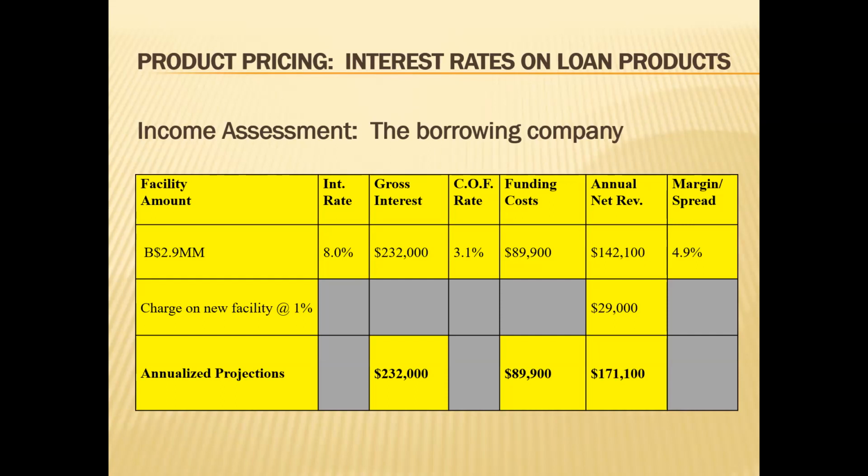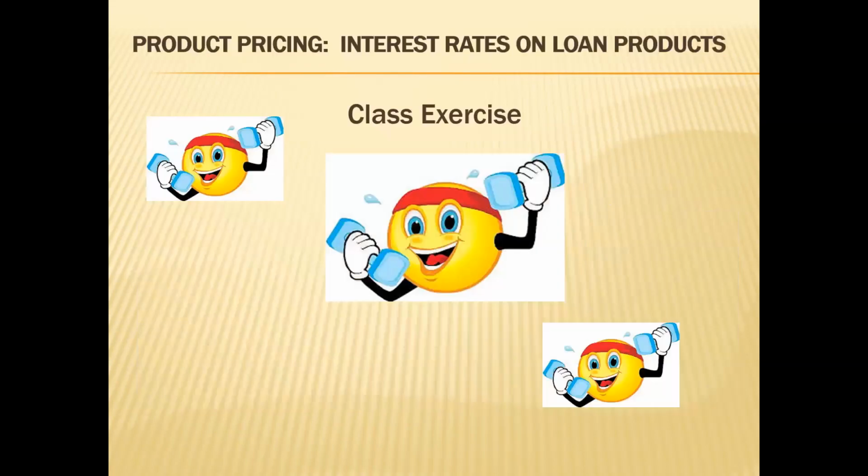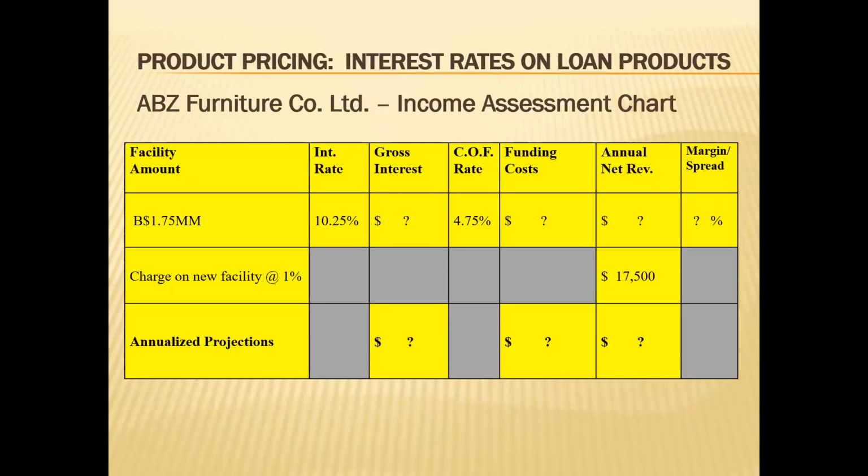Okay. So let's look at another example. Let's do this one together. So we have a number of missing components. We have this person, ABZ Furniture Company, borrowing 1.75 million.